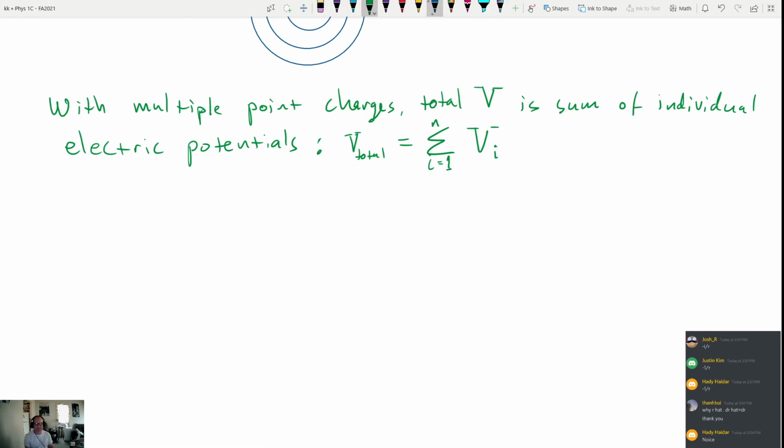So just as a simple example of this, if I have a point charge right here, and I tell you that it's 3 nanocoulombs, and I have a point charge over here, and let's say this is Q1, this is Q2, and let's say that this charge is, I don't know, like -5 nanocoulombs, okay? And I want to figure out, let's say I come to a position somewhere in the middle. And let's say that the distance between this point and this point is 2 meters. And the distance between this point and this point is 1 meter. And I want to figure out what is the electric potential at that location. Then all you have to do is add up the individual electric potentials.